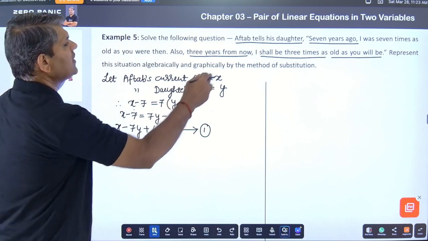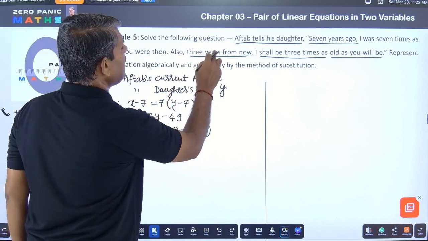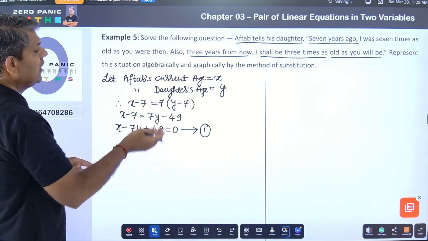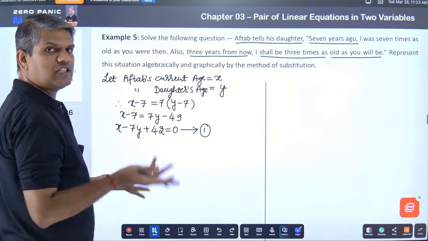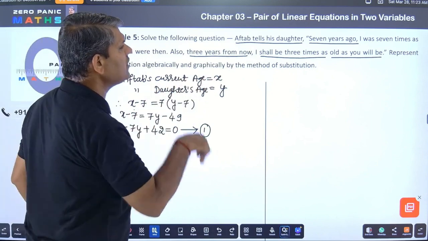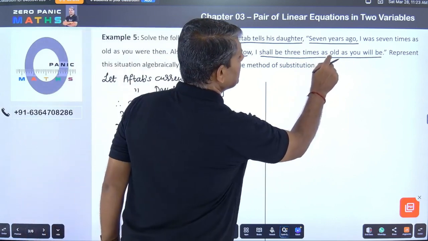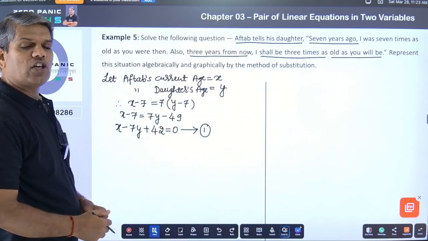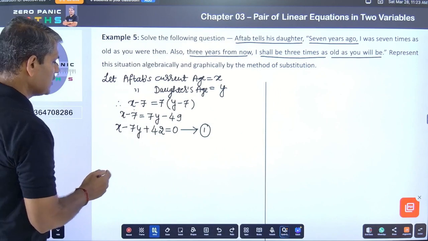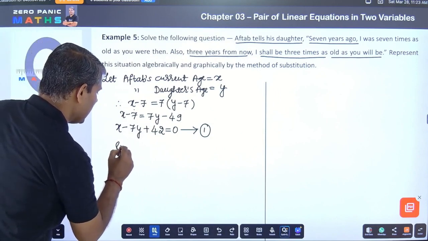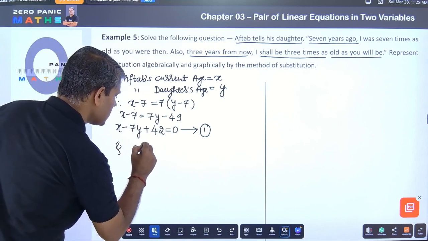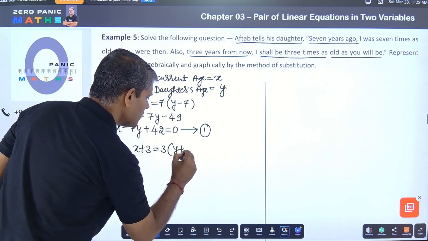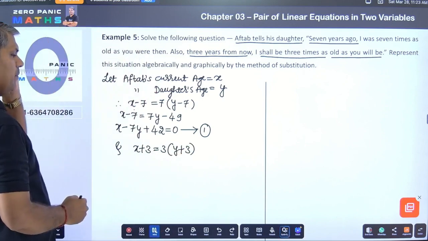Now, what is the second condition they have given? 3 years from now. That means x plus 3 years. Okay. If currently x, then after 3 years it will be x plus 3 years. And that will be equal to 3 times the age of his daughter after 3 years. Okay. So I can say x plus 3 is equal to 3 times y plus 3.